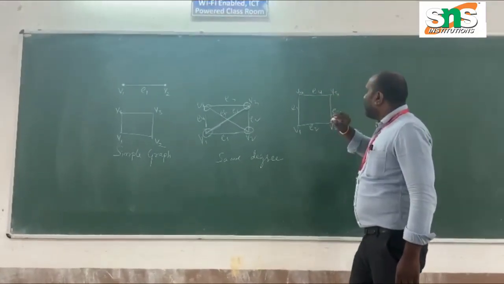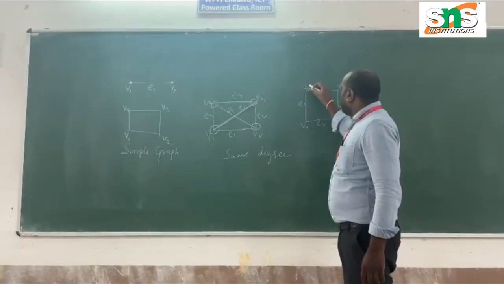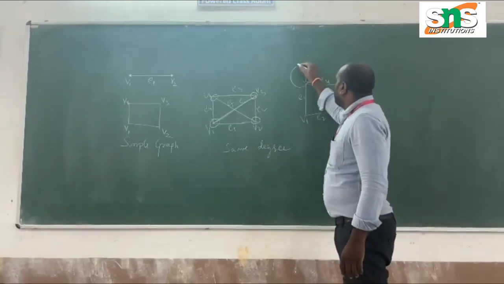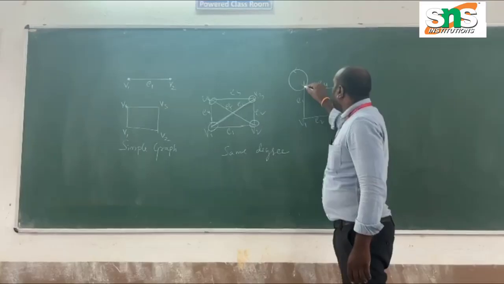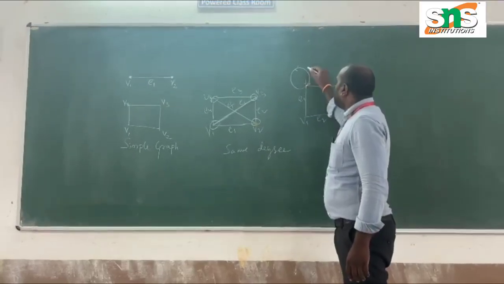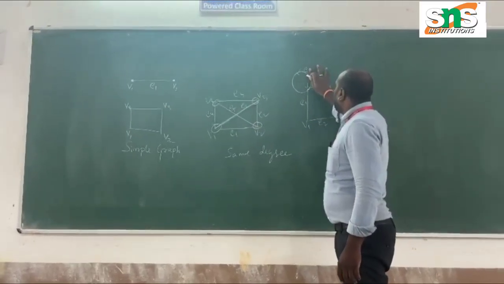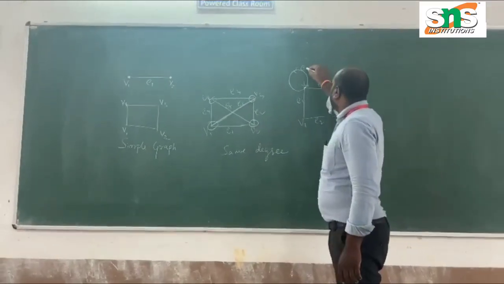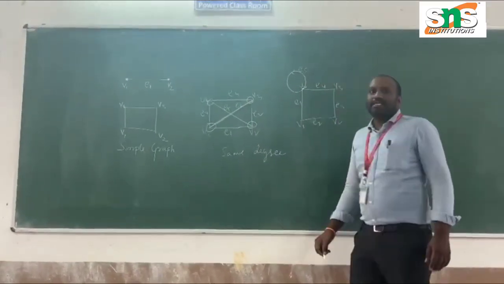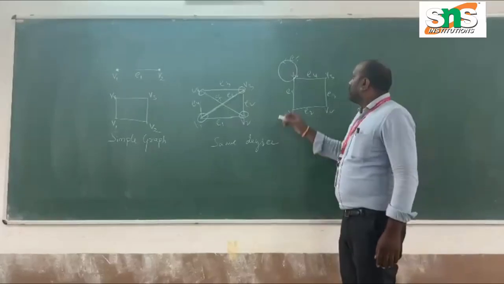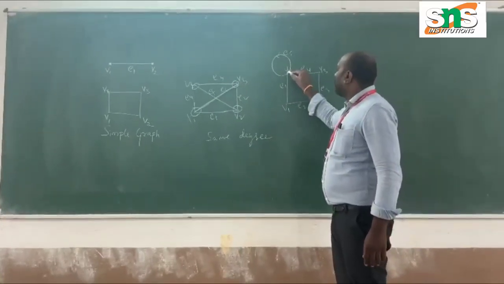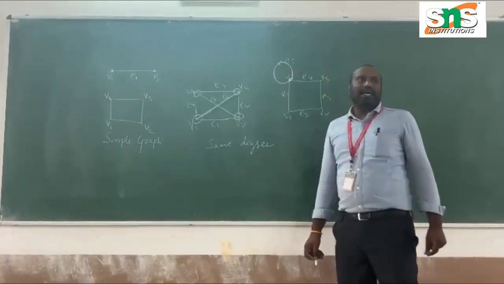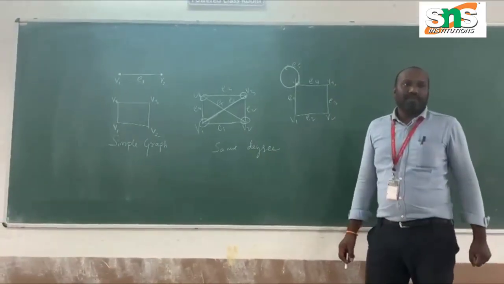Any edge that starts and ends at the same vertex, like the other edge E4, E5, is called a self loop. So in a self loop, the starting point and the ending point are the same. That is called a self loop.